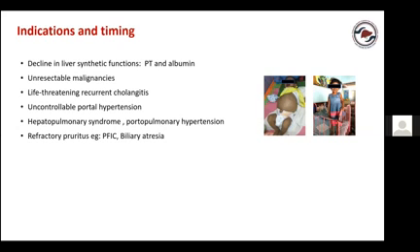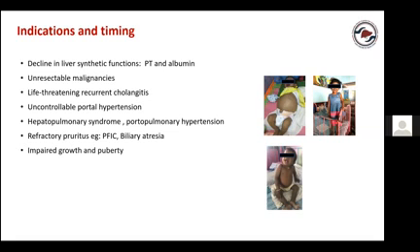Refractory pruritus, especially in PFIC, progressive familial intrahepatic cholestasis, and biliary atresia. So this child is having normal synthetic functions, however, having refractory pruritus to all the medications. There is no time that the mother can recall the child or the family had a continuous sleep for about 1 hour. So it impairs the quality of life to a great extent where the ultimate cure is needed.